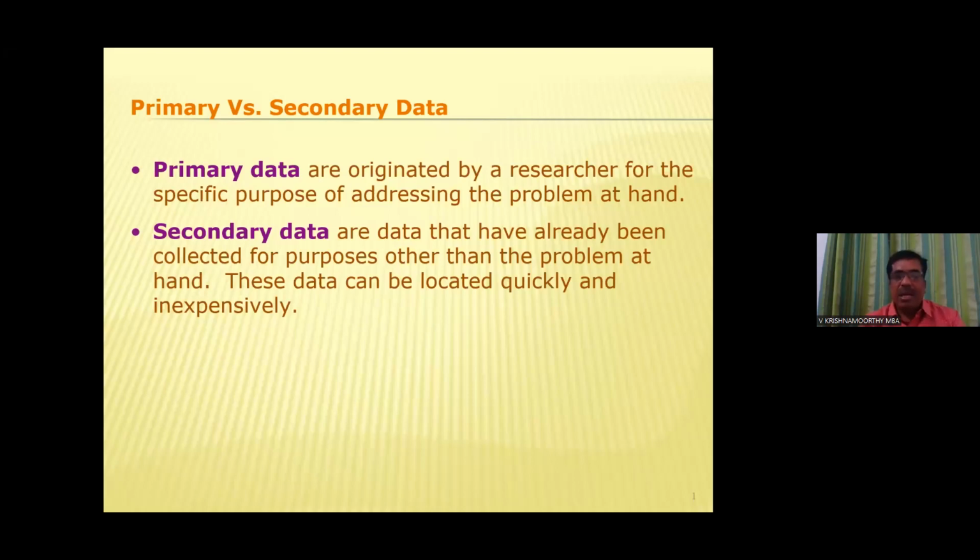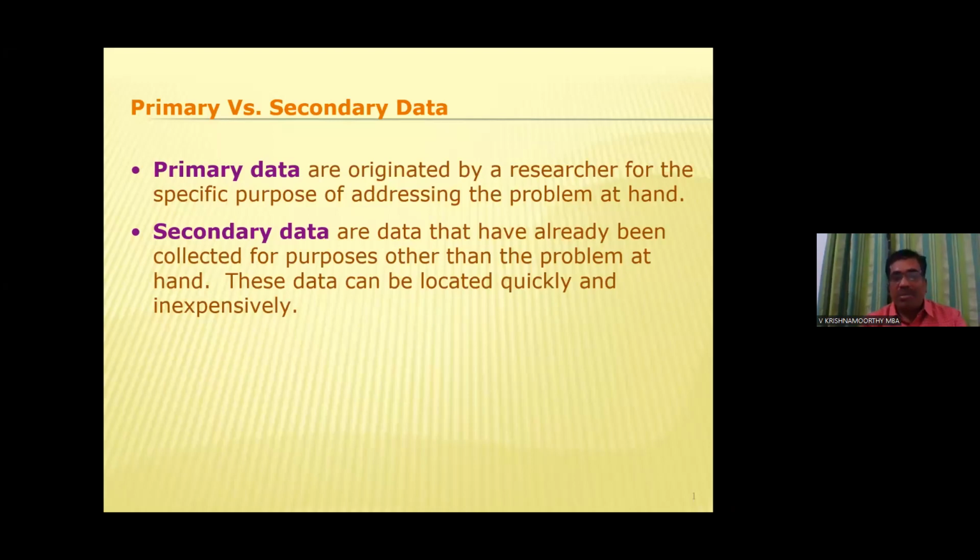Whenever we do research, whether in finance, marketing, or human resource management, we need some data. Then only can we process the data with the help of some statistical tool, either a t-test, one-way ANOVA, two-way ANOVA, ANCOVA, MANCOVA, discriminant analysis, conjoint analysis, or cluster analysis. Finally, we can get some output.